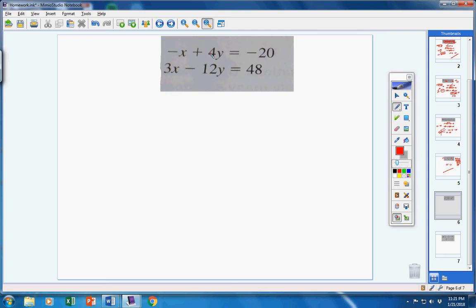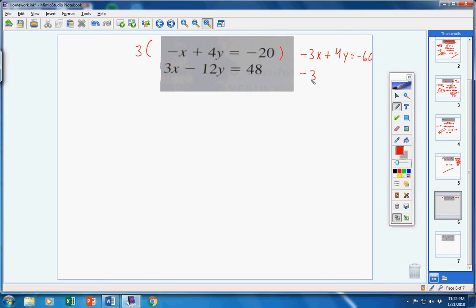I have a 4 here, so if I multiply the top by 3, that will give me a positive 12 up here, which will cancel with my negative 12. So here we go. 3 times negative x, negative 3x, 3 times 4, positive 12y, 3 times negative 20, negative 60. Alright?